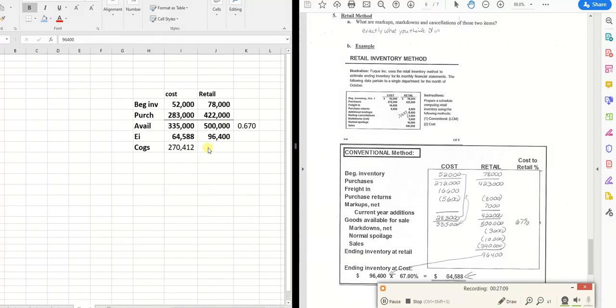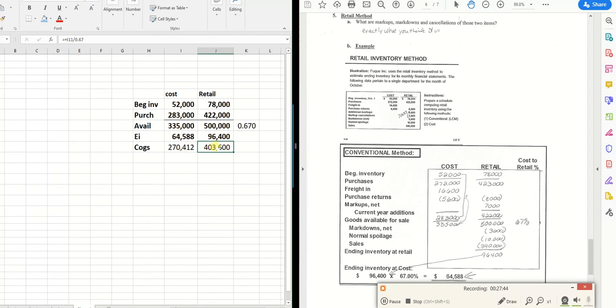Notice that right here, if they gave me sales at retail, this is sales at retail right here, because the retail selling price of the cost of the goods that are sold are sales.